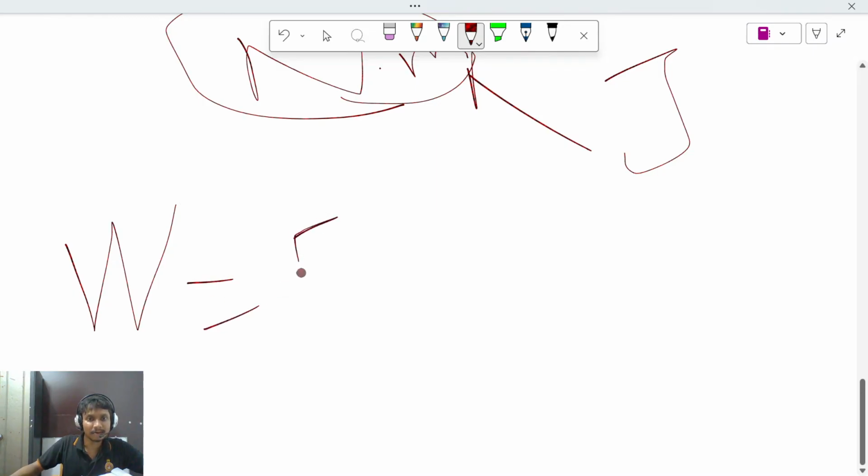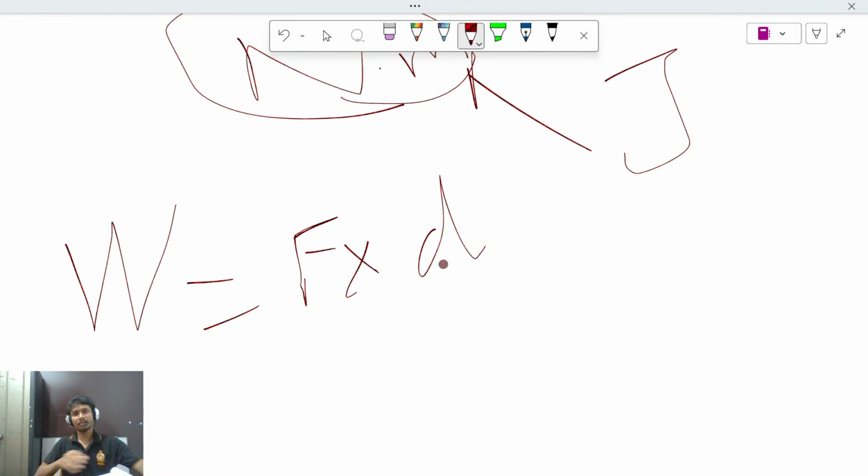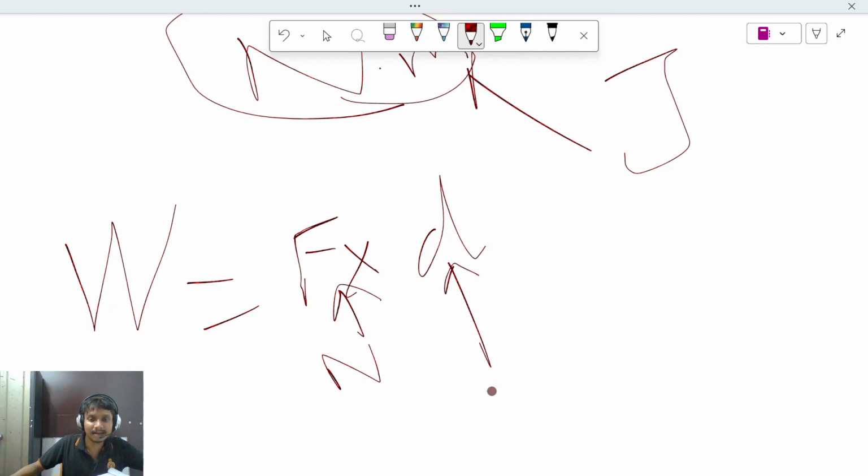We already discussed this, but I am telling you again to memorize. W is equal to F into D. For this general equation, work done is equal to force into distance, how much distance we have moved according to the force. The unit of F is Newton, D is meter.